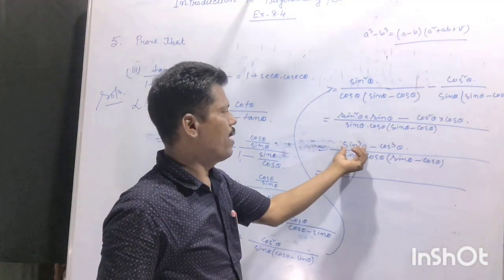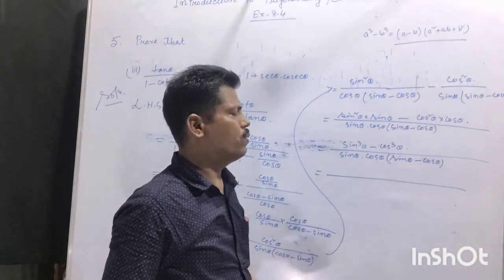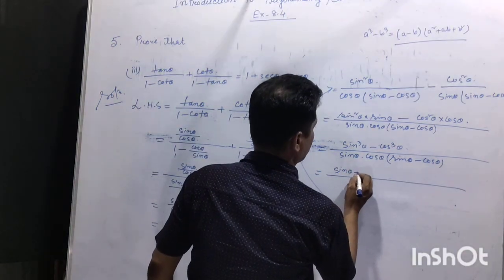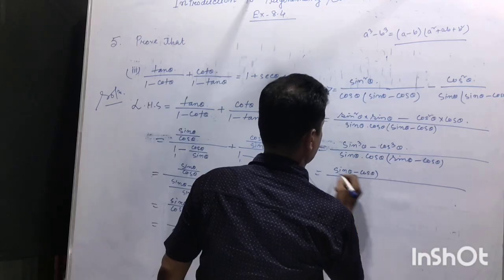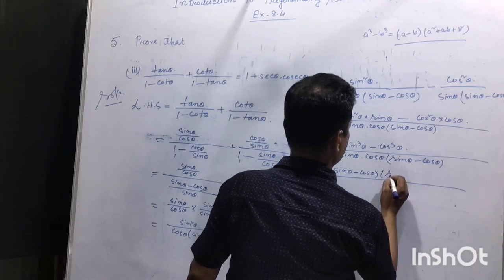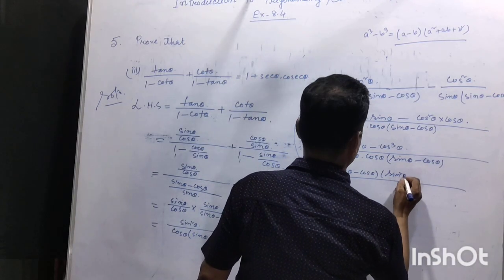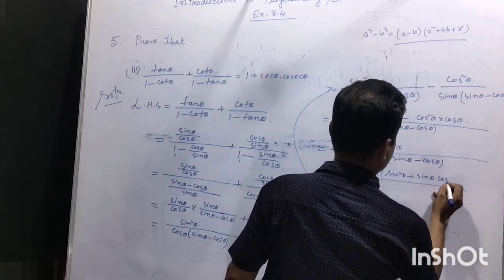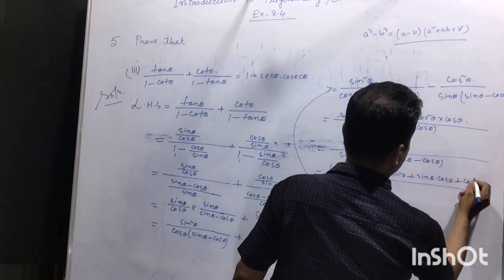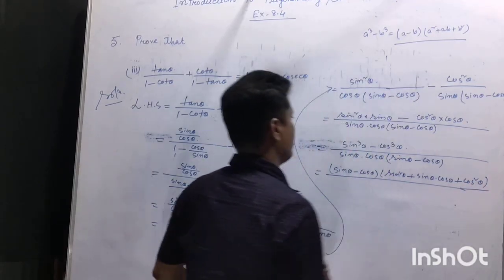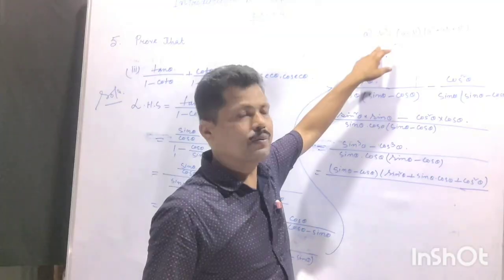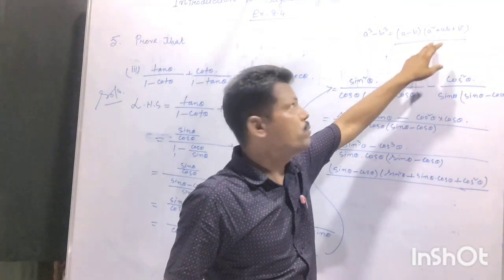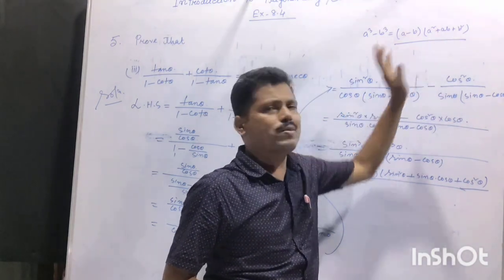So here sin cube theta minus cos cube theta, this formula we can write this way: sin theta minus cos theta, after that sin square theta plus sin theta into cos theta plus cos square theta. The identity is a cube minus b cube is equal to a minus b into a square plus ab plus b square.